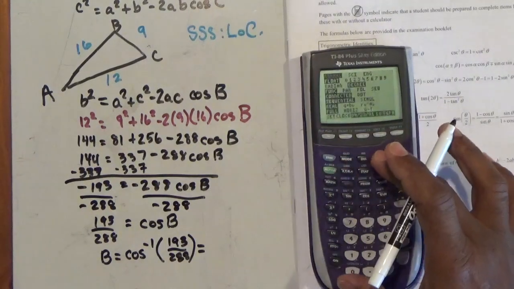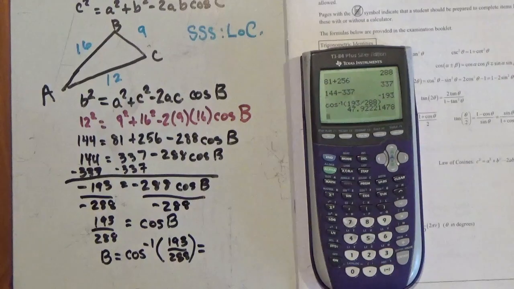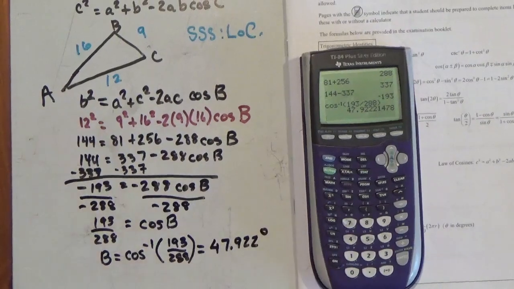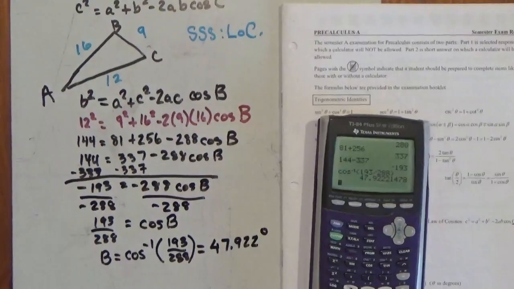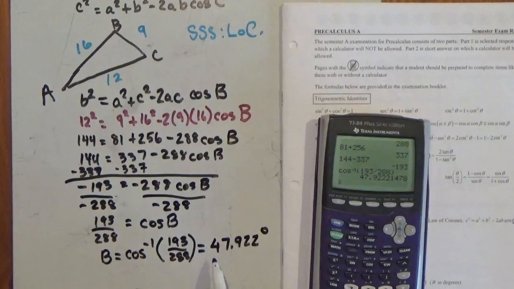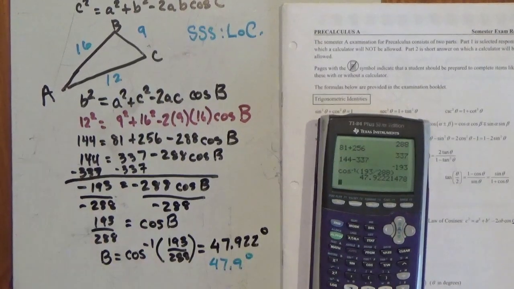I was in degrees, yes. So my angle is 47.922 degrees. Since it said give the answer to the nearest 10th degree, this is 47.9 degrees.